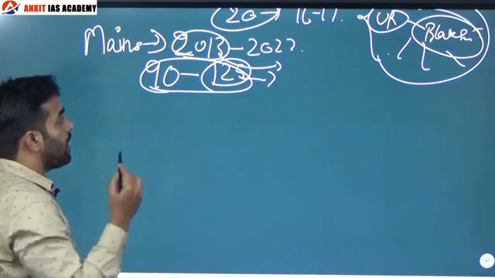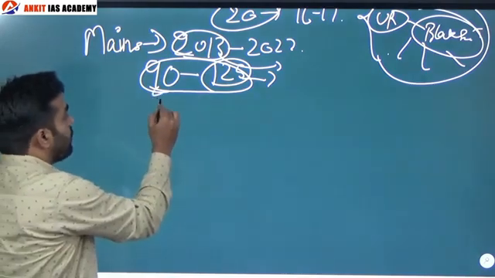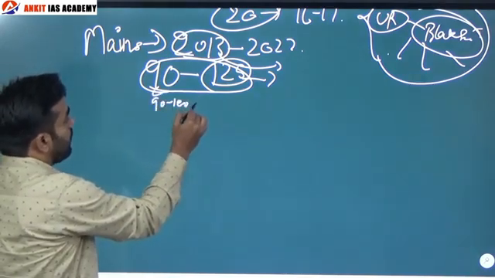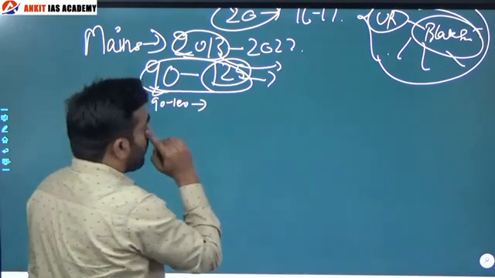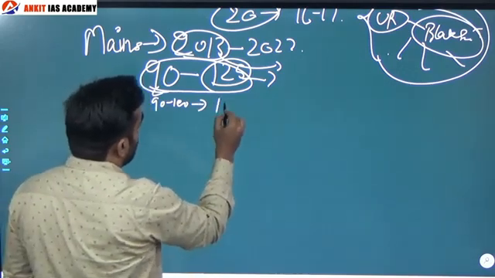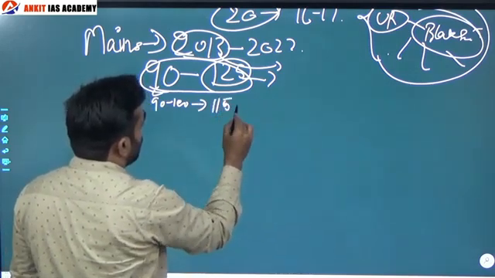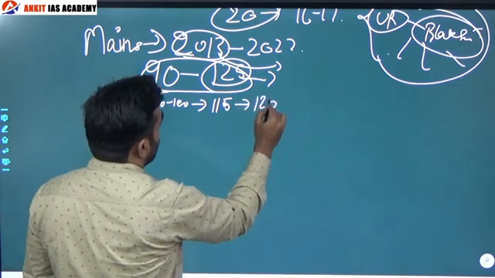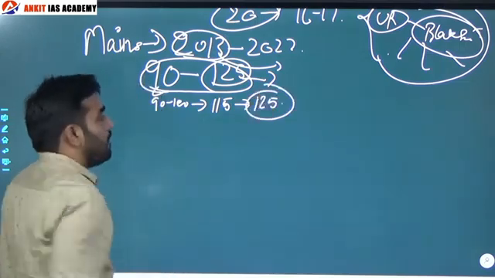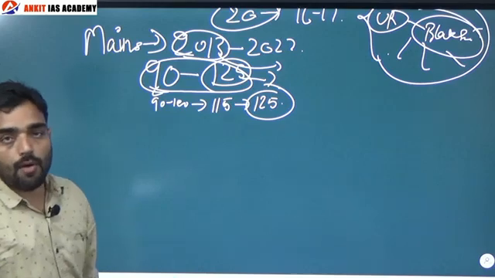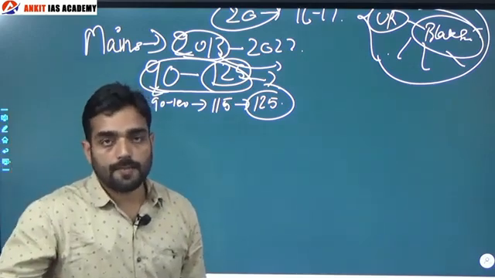For example, earlier it was around 90 to 100. Then in 2018 to 2020, the weightage was 115. Then in the past 2 years, the weightage of polity was 125 marks.